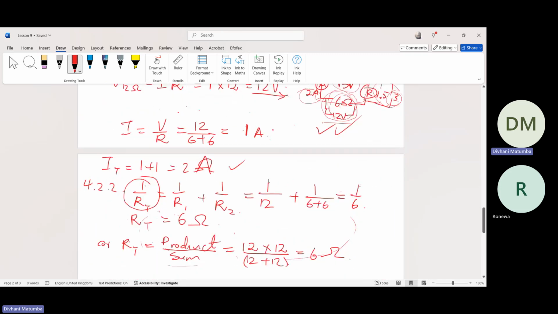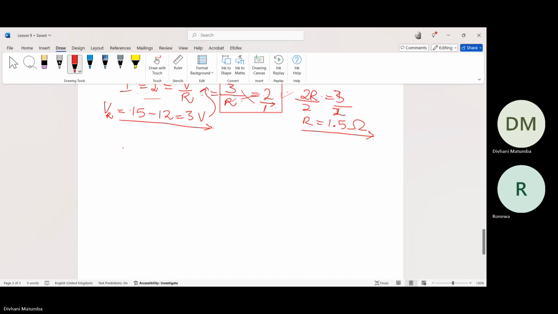That is 4.3. According to Ohm's law, the total current is given by the total voltage divided by the total resistance. Let me ask you this quick question.